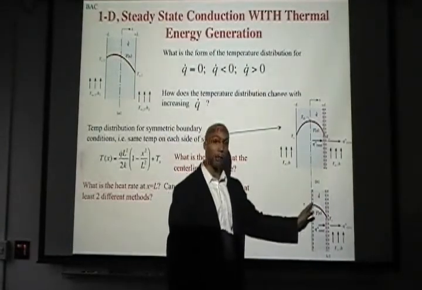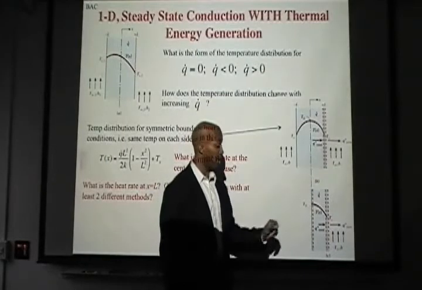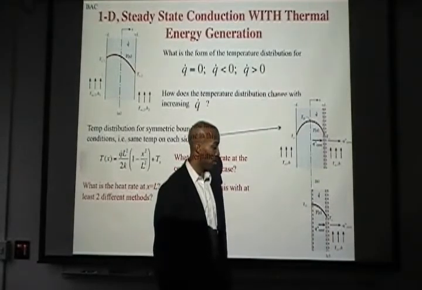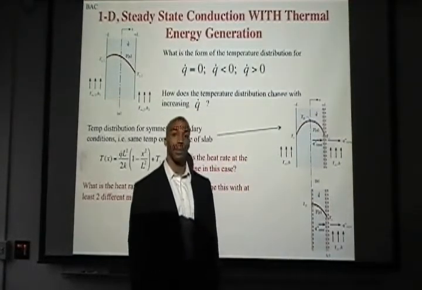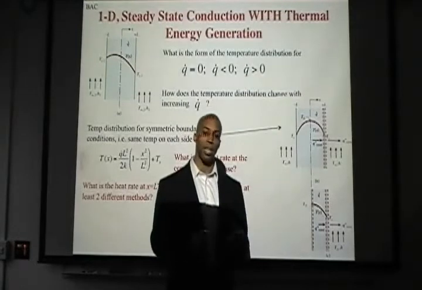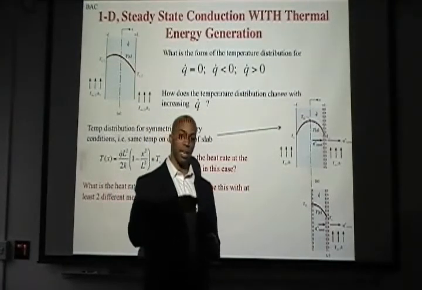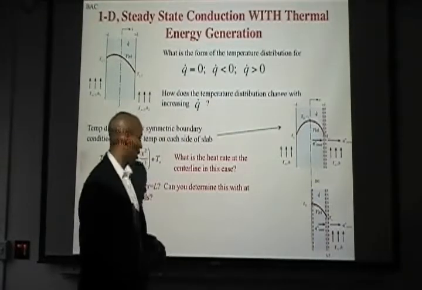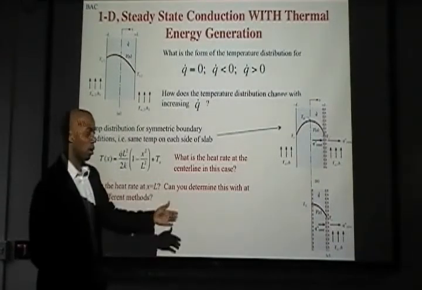Because we know the boundary condition at the center line, because of the symmetry, is that the heat flux equals 0. So if we divide the system in half, and we know that we have a volumetric heat generation rate of q dot in watts per meter cubed, we want to know the heat flux or the heat rate leaving the wall.